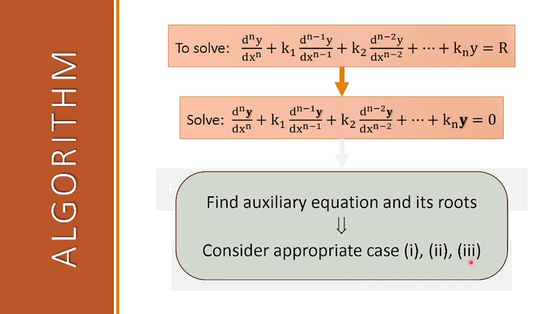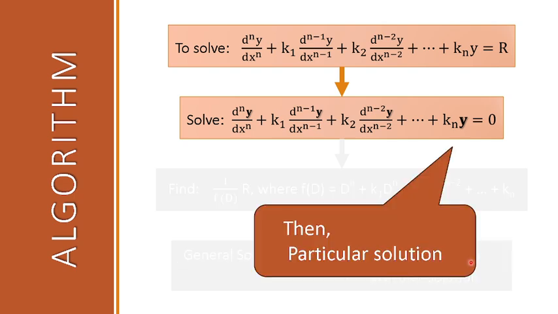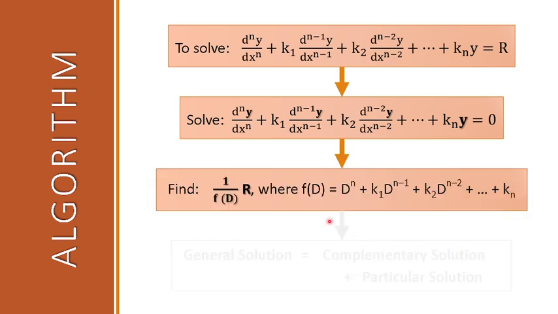Once we find the roots of the auxiliary equation and we have considered the appropriate case, we move on to the next step, which is finding the particular solution or the particular integral, commonly known as PI. In order to find that, we take r, which is the right hand side function of x, and we divide by f(D). This f(D) is a function of the operators.